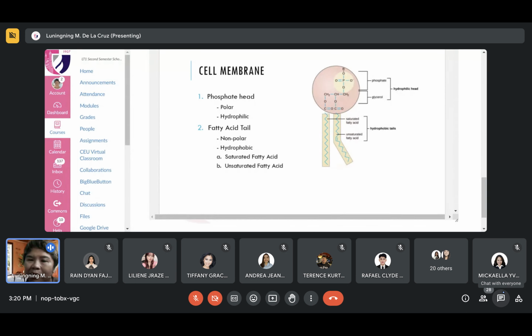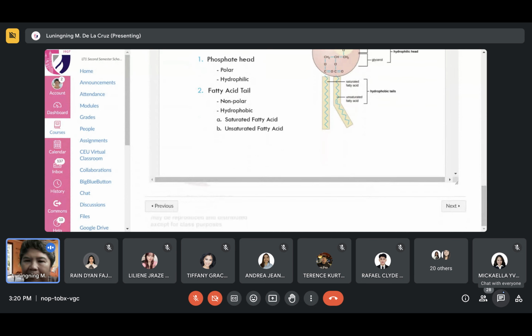It will not mix with water. And it is composed of saturated fatty acids, this one, and unsaturated fatty acids. That's why it is non-polar. So this is our cell membrane.